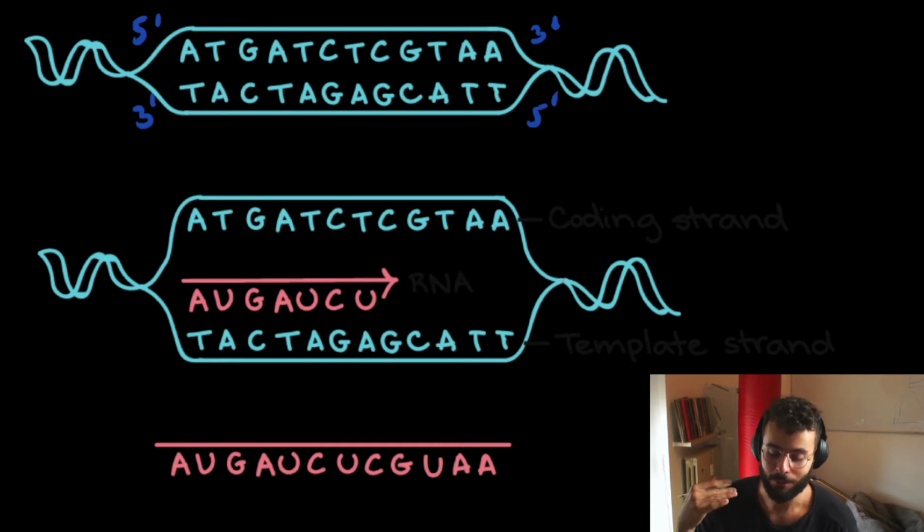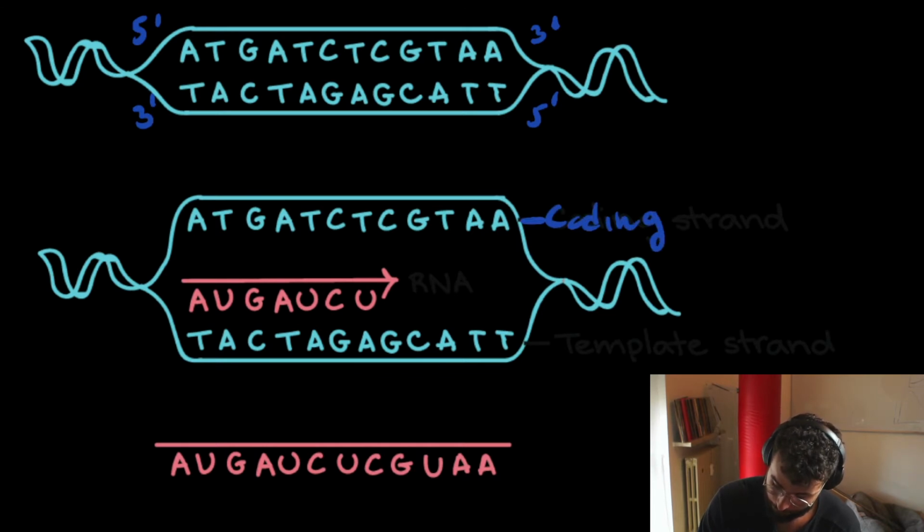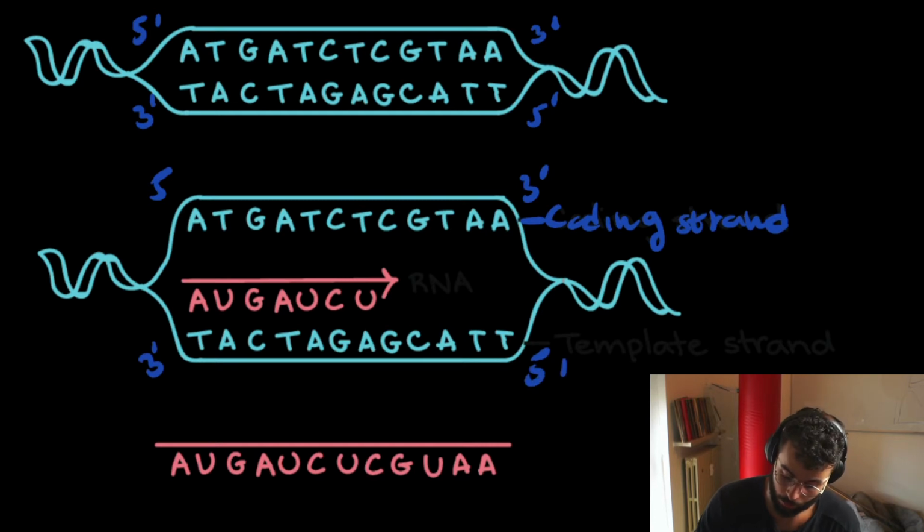The 5' to 3' will be called the coding strand. And the one that goes from 3' to 5' will be called the template strand.